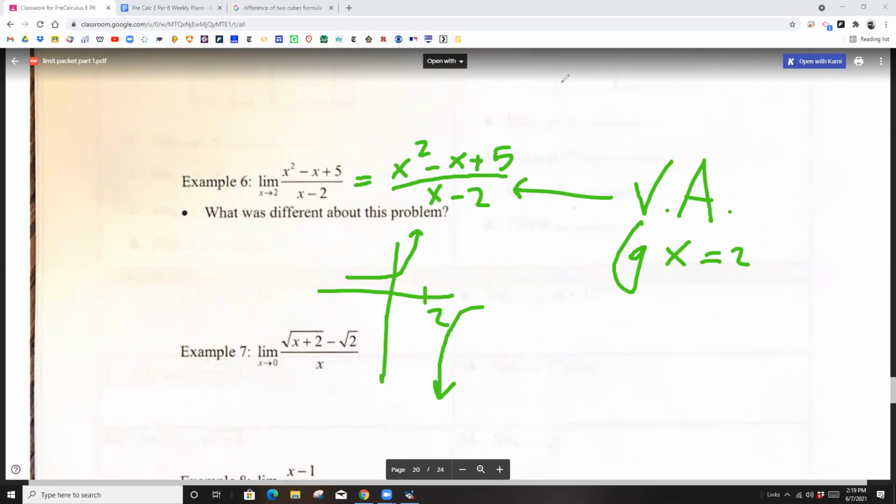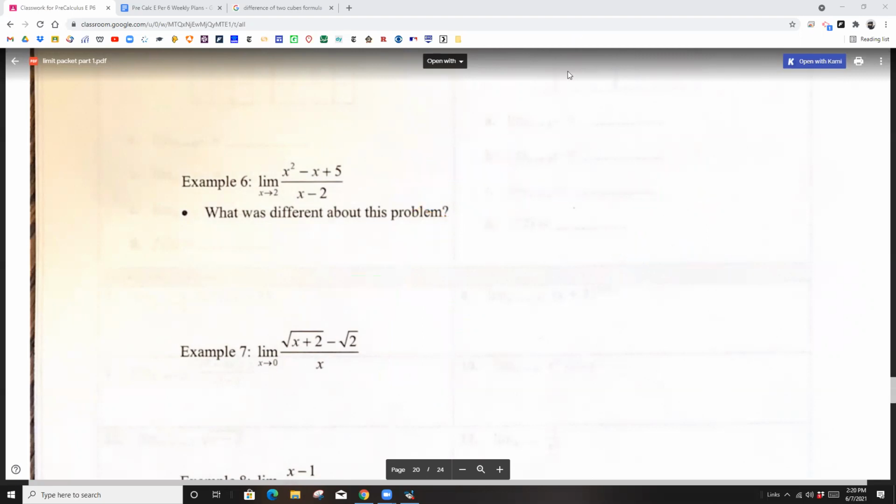And you can get that without looking at the graph by just knowing that x minus 2 is only a factor in the denominator. Therefore, there won't be a hole. There will be a vertical asymptote.